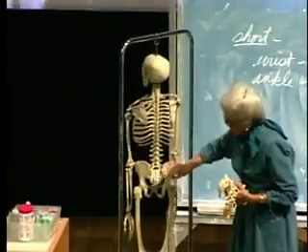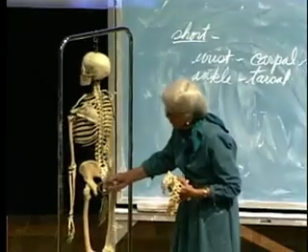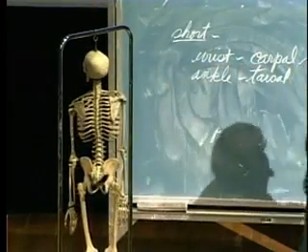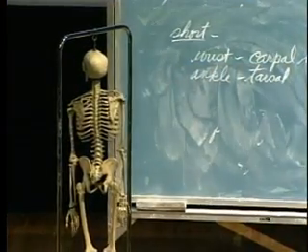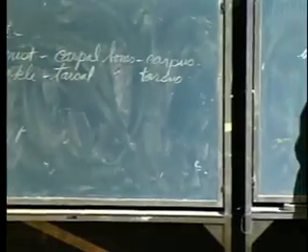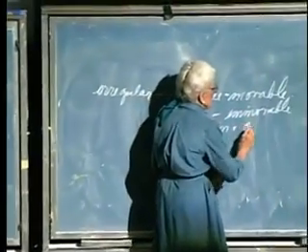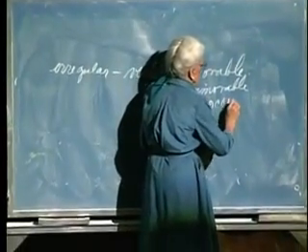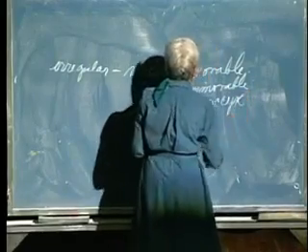And here they are fused. So the sacrum is fused and the coccyx is fused. Immovable would be sacrum and coccyx. Very irregular bones.